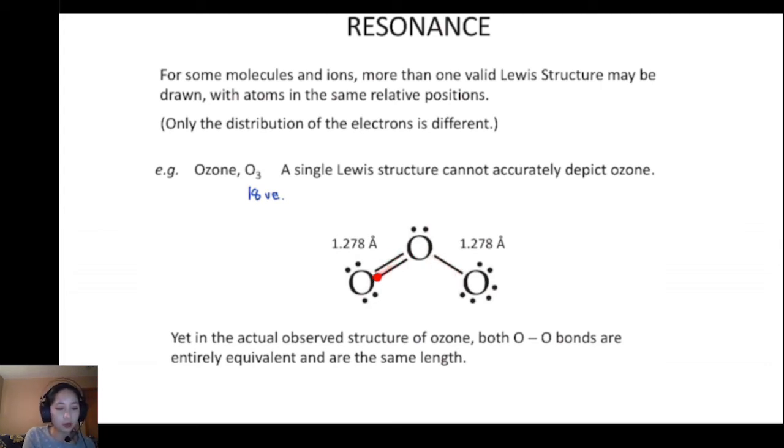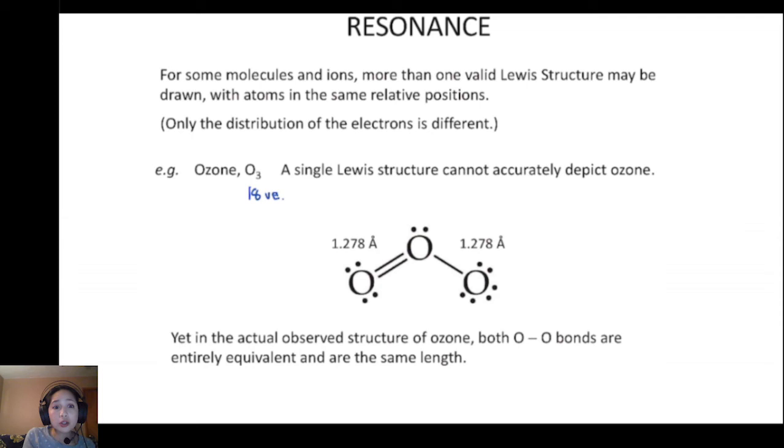But actually, when chemists look at the bond length, with crystal structures or something, they see that this oxygen-oxygen distance and this oxygen-oxygen distance are the same. So the left side and the right side of the ozone molecule are equivalent. So the question is, why is that?